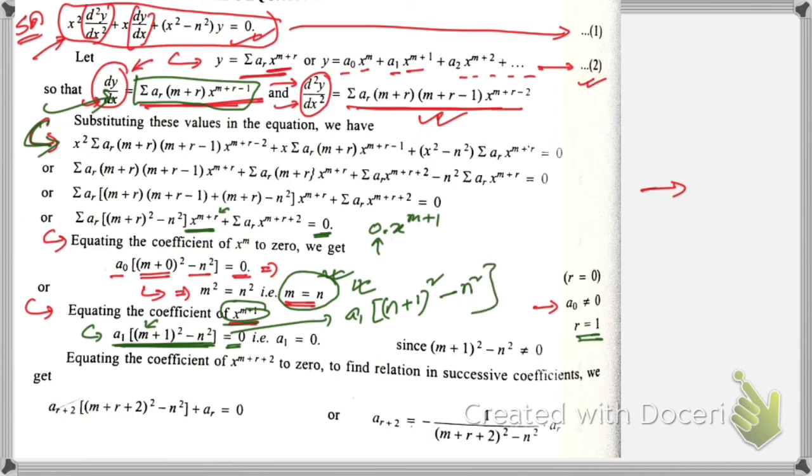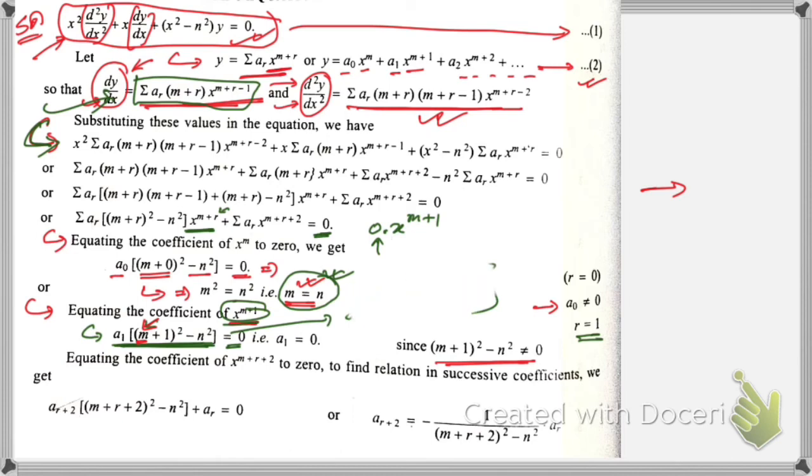Now you see n plus 1 whole square minus n square cannot be equal to 0, because here we have got m is equal to n. If you put m is equal to n here, so n plus 1 is obviously 1 more than n, right? So if you subtract these two, this cannot be equal to 0.